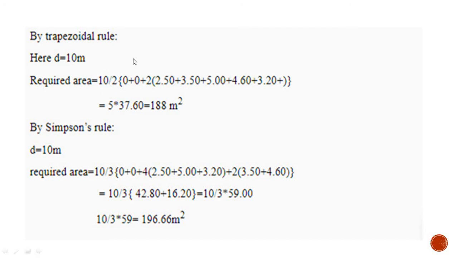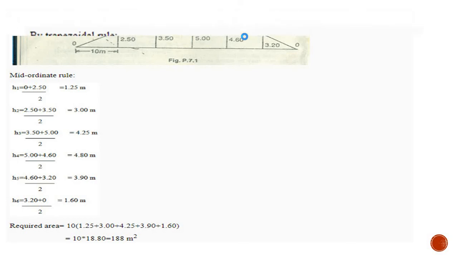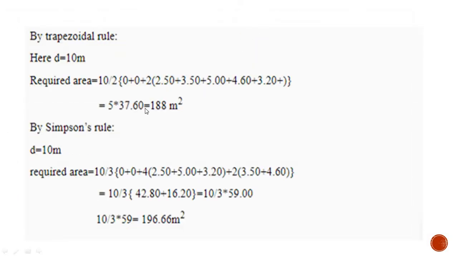So 10 divided by 2 into the sum of first ordinate and last ordinate, where the first ordinate and last ordinate are both 0. So 0 plus 0 plus twice the sum of the intermediate ordinates. So 2 into, what are the intermediate ordinates? 2.5, 3.5, 5, then 4.6, then 3.2.